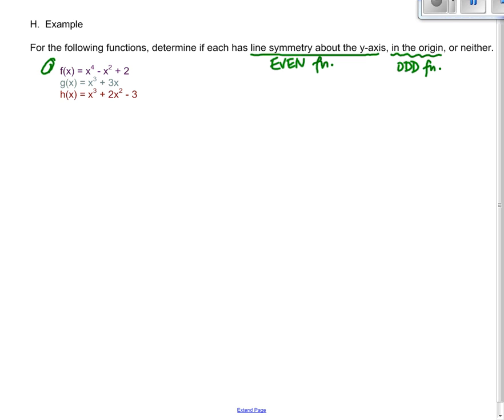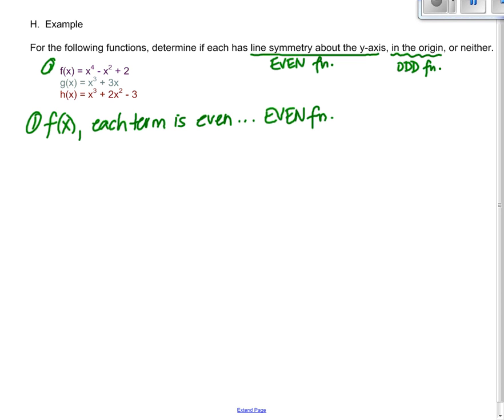So for f at x, each term in this function is even, and we assume that it is an even function. That's what it looked like in the examples I gave you before.